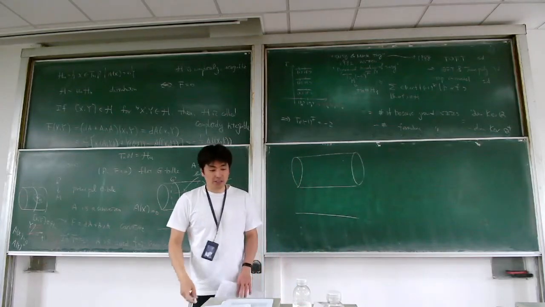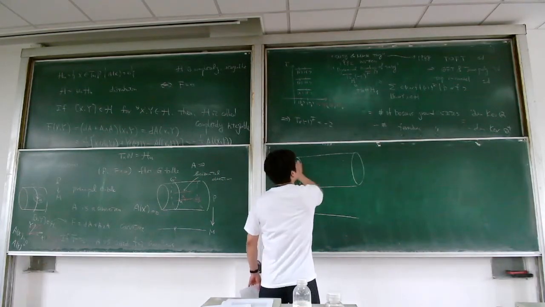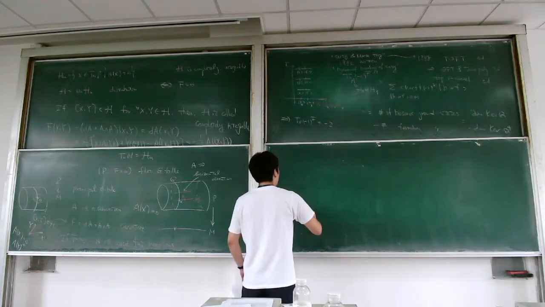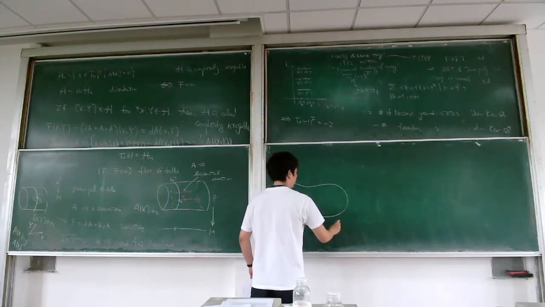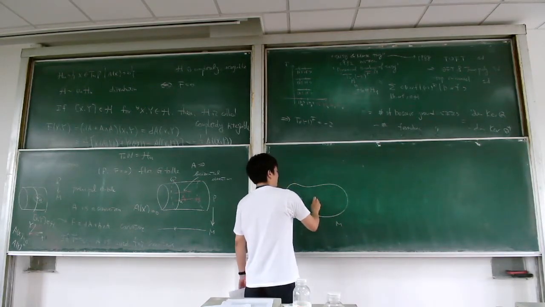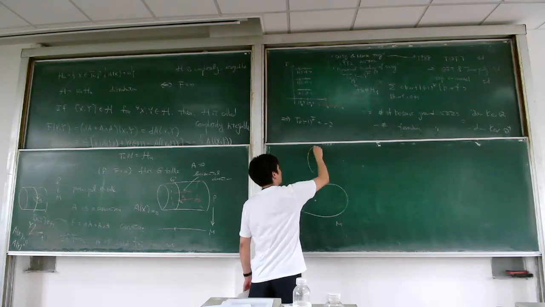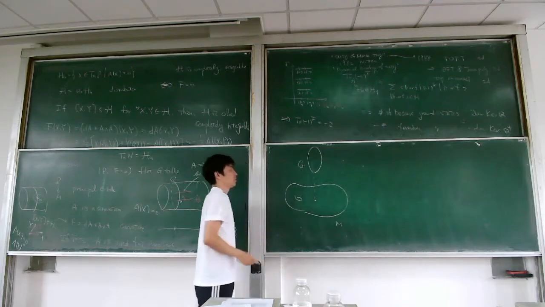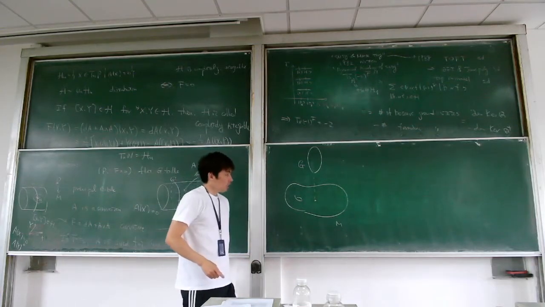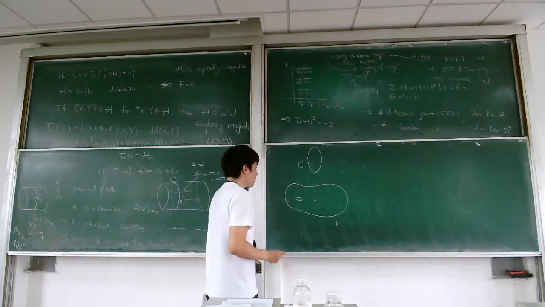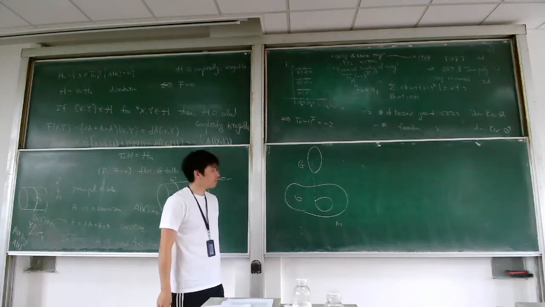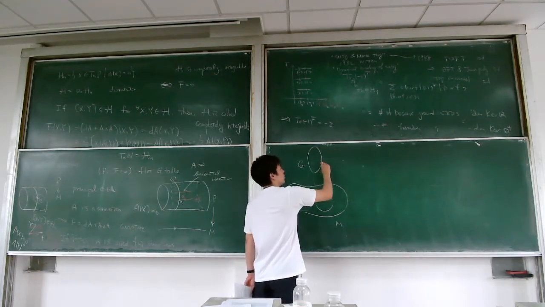Unfortunately, I cannot draw this. Okay, let's do the following. By Stokes theorem, there is a manifold M, and at each point you have the fiber G. Then you consider some loop, and you start with point u.